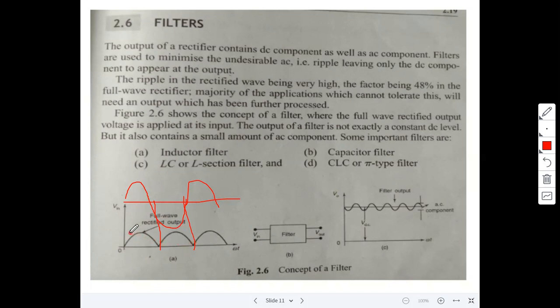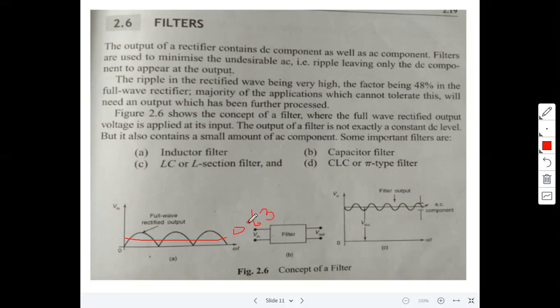Okay, observe here the DC value. When we derive the expressions, what is the DC content here? 2Vm by pi, almost 0.63 Vm. Okay, DC content is 0.63 only.